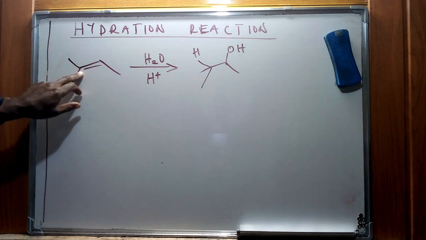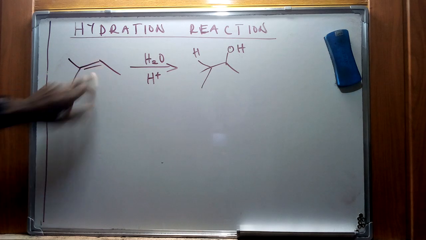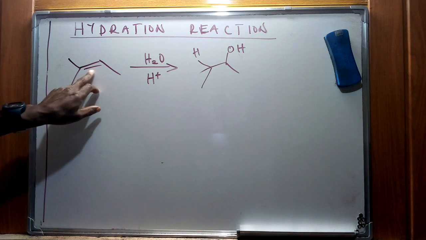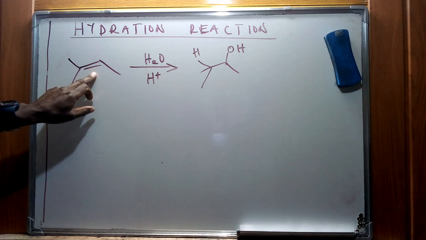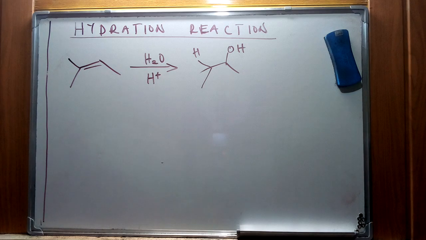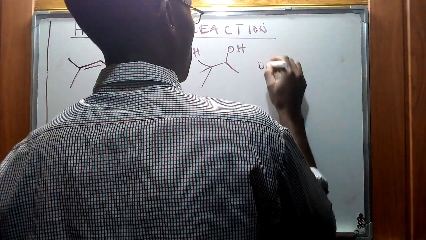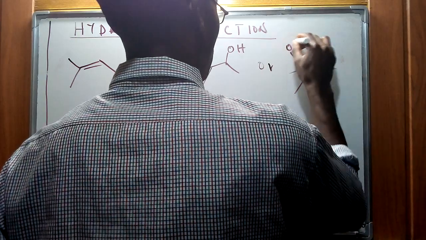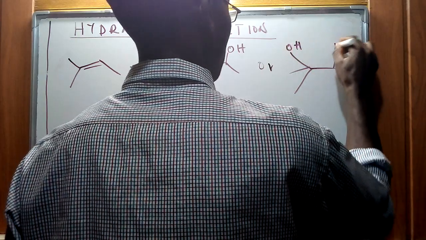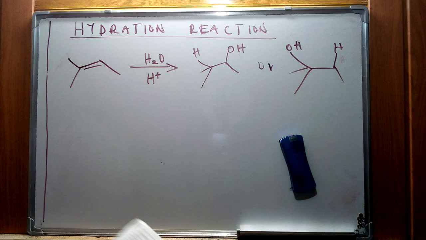So this H group is going to be attached here under the OH group due to the breakage of this particular bond at this specific point. And we can also consider a case whereby we have this product formed with an OH group at this specific point and an H group given as such.